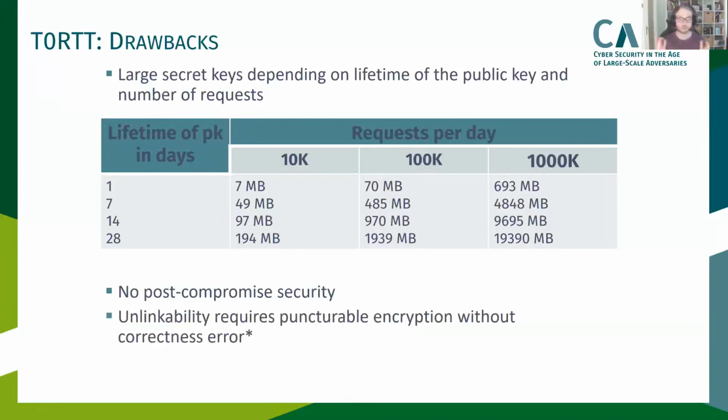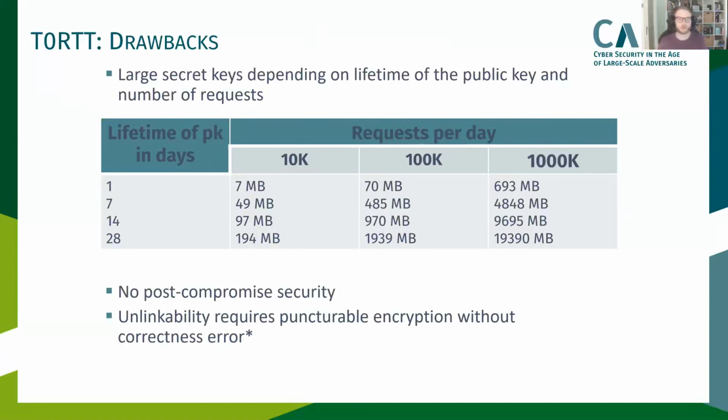And thanks to our fantastic reviewers, we discovered another problem regarding the unlinkability property. In our security model, unlinkability requires that the puncturable encryption scheme has zero correctness error, which means if we encrypt a symmetric key correctly and the secret key was not punctured for this ciphertext, then the decryption should always be successful.